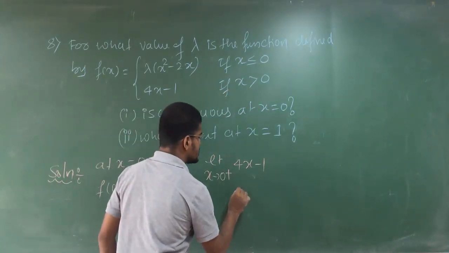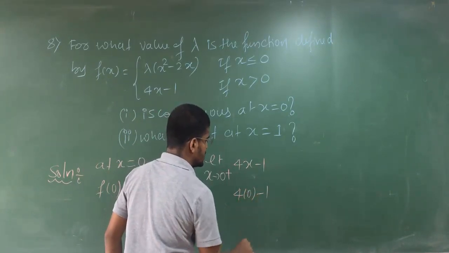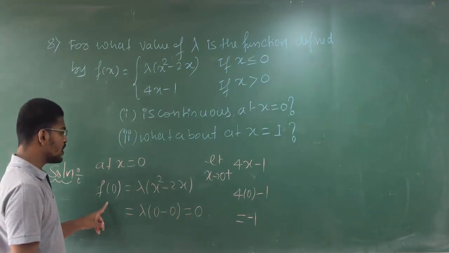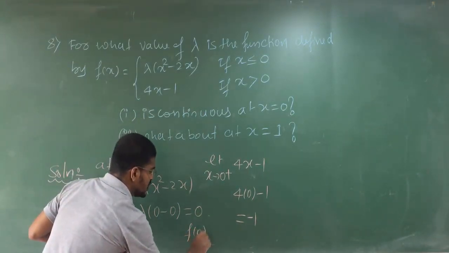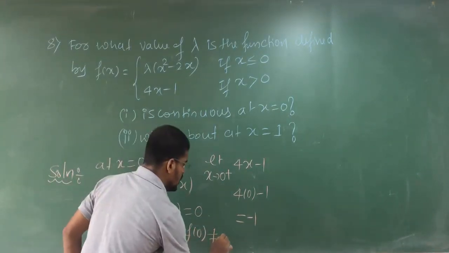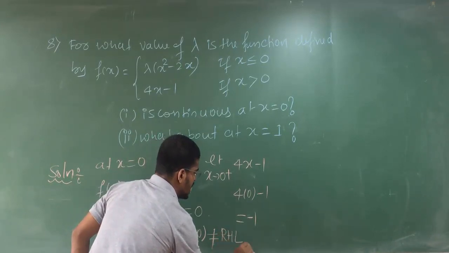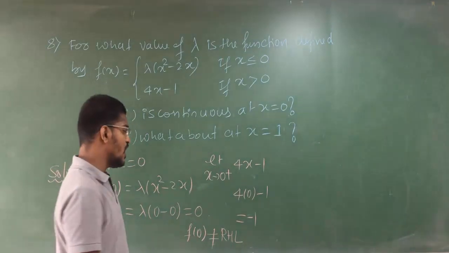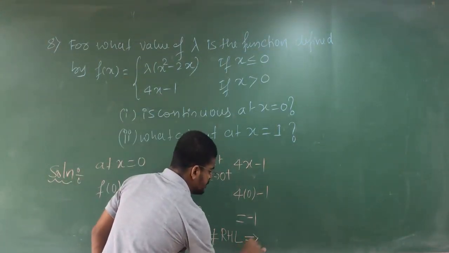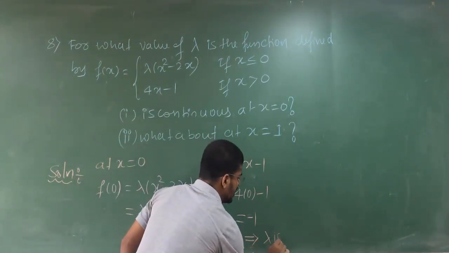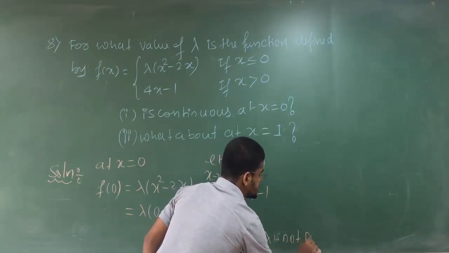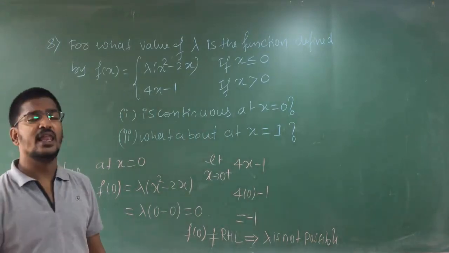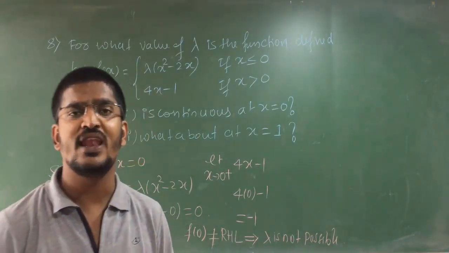Therefore 4x minus 1, 4 into 0 minus 1, so it will be equal to minus 1. Therefore f of 0 is not equal to the RHL, that is the right hand limit. f of 0 is not equal to RHL. This implies lambda is not possible. That means there is no value for lambda.